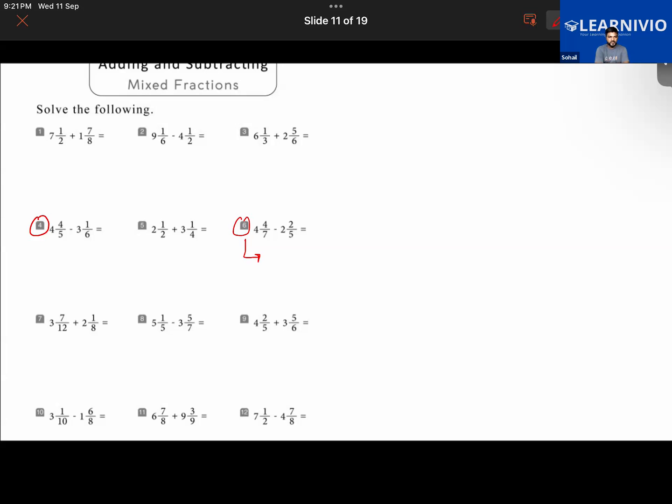So the new fractions I got are 24 upon 5 and 19 upon 6. Then multiplied. Not multiplied, subtracted. Okay, sir, after that which number do I have to take? I have to take 19 upon 6, and then I have to find.